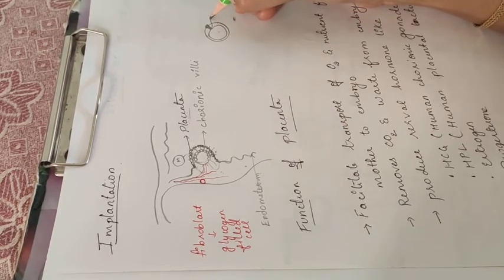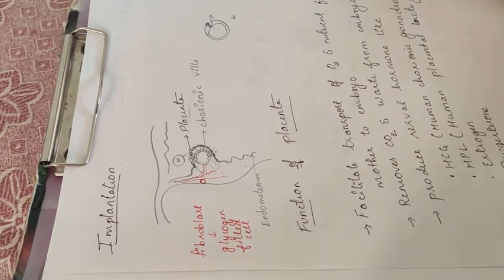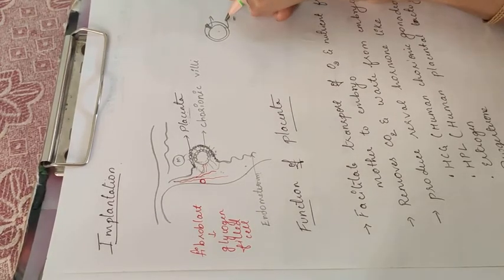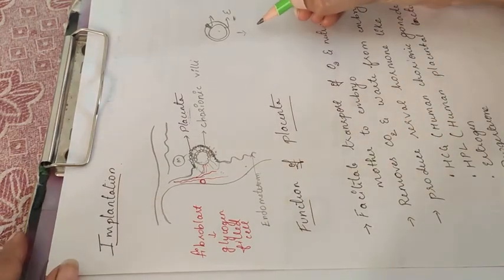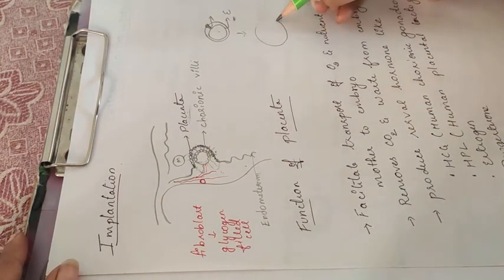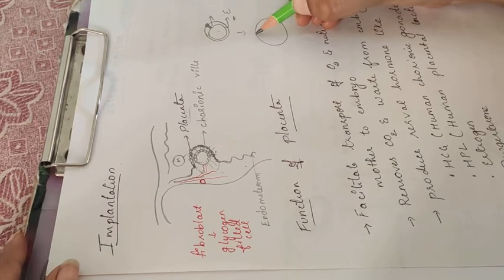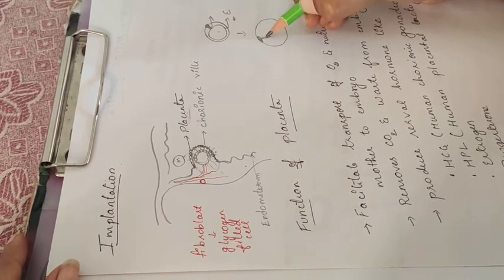This one you call the umbilical cord. I'll write it in a different way. This is our placenta. So here is our umbilical cord. And then this is an embryo, and this is the one which is going to develop into a baby.